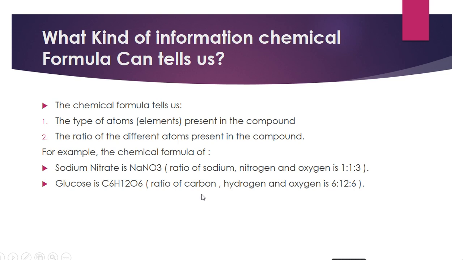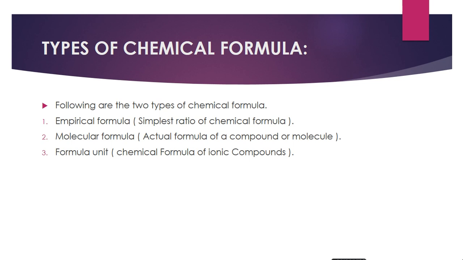Clear? Glucose is C6H12O6. So the ratio of carbon, hydrogen and oxygen is 6:12:6. Now this formula tells us the elements carbon, hydrogen and oxygen and also the ratio, that is 6:12:6. Is it clear?